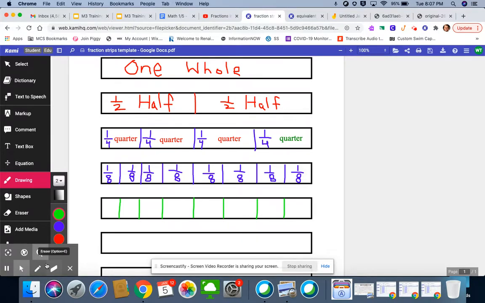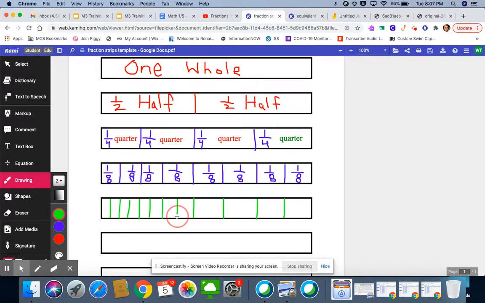You can do that by folding this slip of paper in half again, in half again, and in half again, and you will have 16ths when you open it back up. So if I do that on mine, I'm just dividing all of these in half.